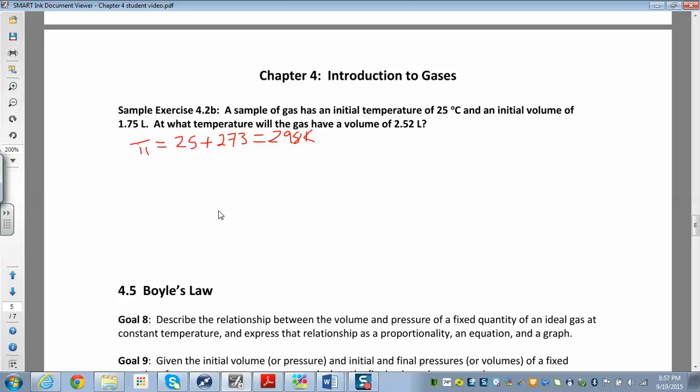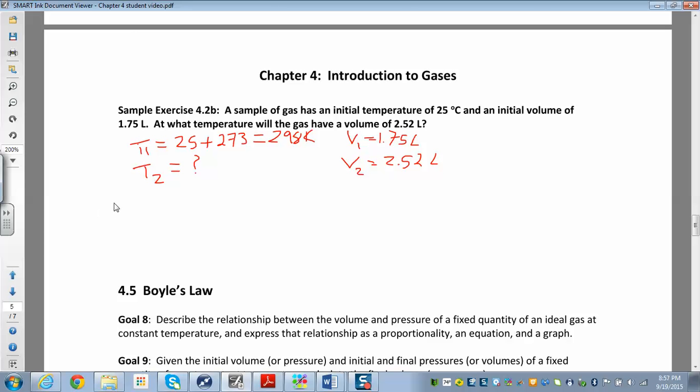And the initial volume, so V1, is 1.75. At what temperature, so T2, that's what we're looking for, at what temperature will the volume be 2.52? These are both in liters. Just do a quick check and make sure your units match.